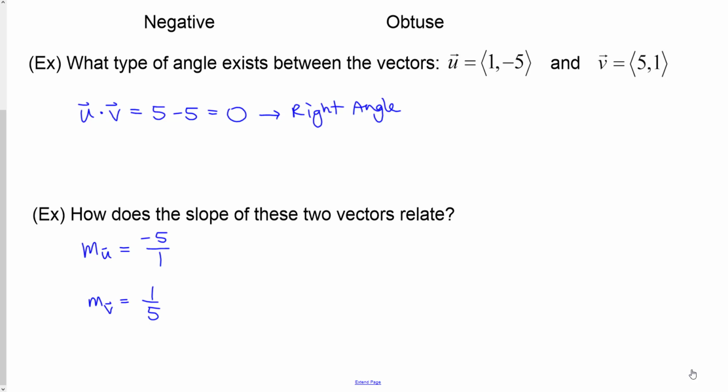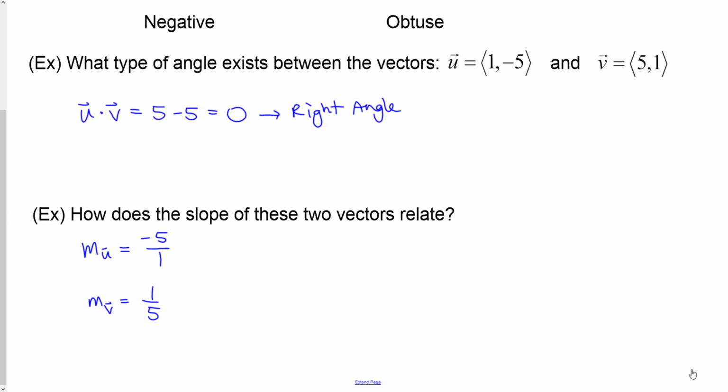If you'll recall, back from, say, Algebra 1, you learned a rule about how two slopes were related if they were inverses and negatives of one another.